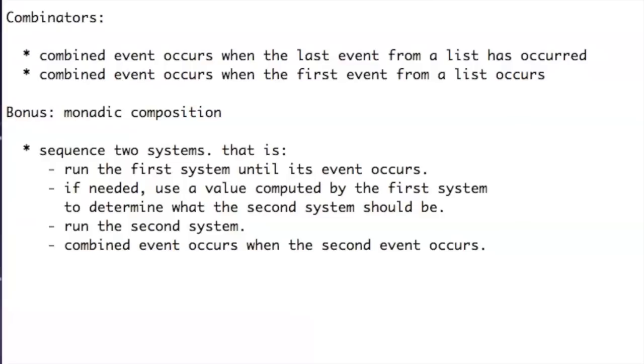So that's an example of deciding what the second system should be depending on the result that was computed during the first system. Wasn't that much easier to follow with a concrete example, right?